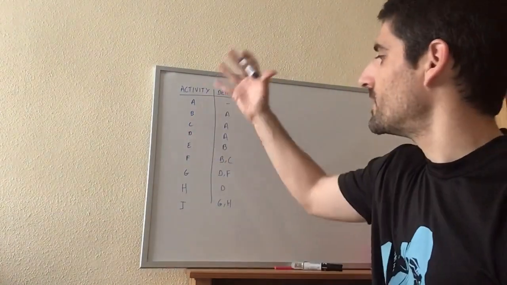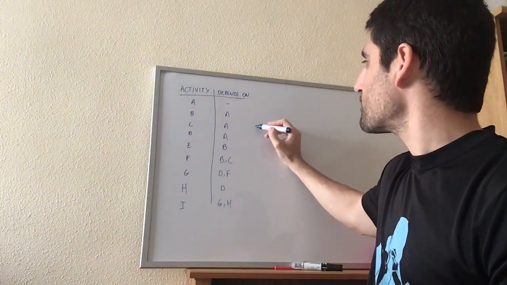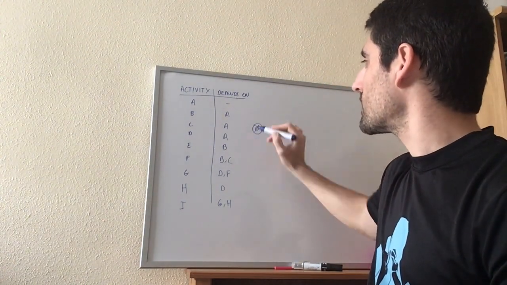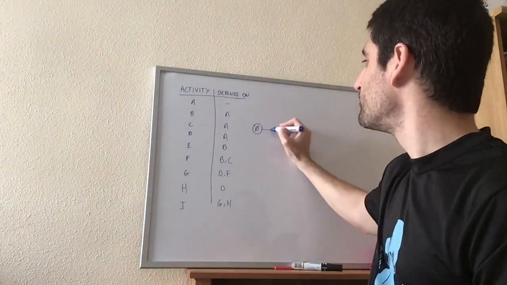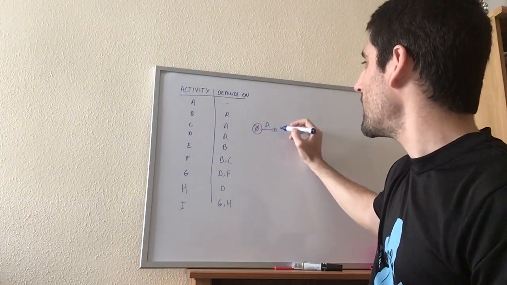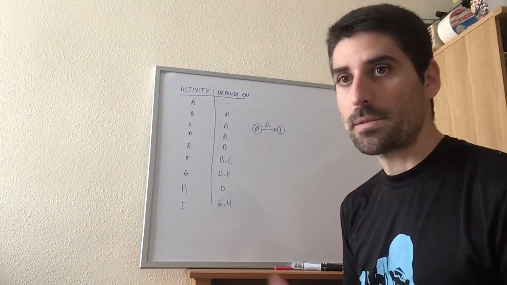Here we go, activity network for this precedence table. So I start at node 0. From node 0, activity A, because it doesn't depend on anything, so that's the easy bit.